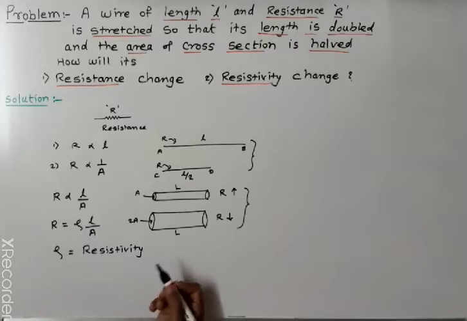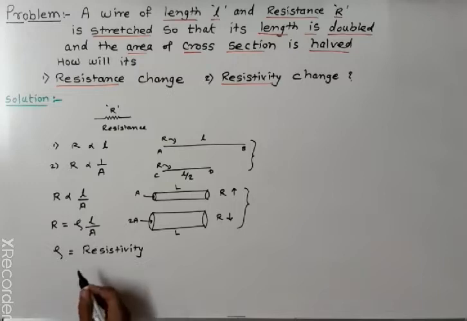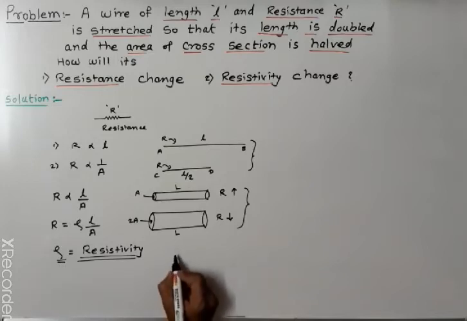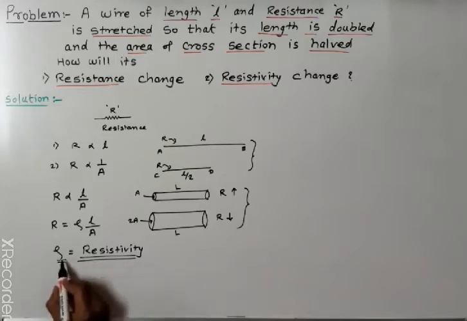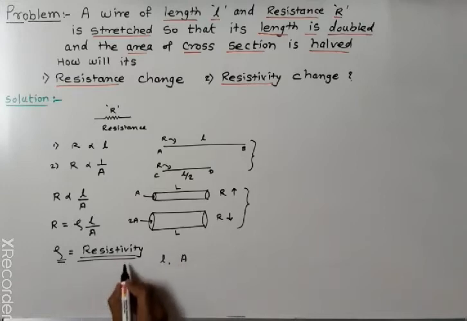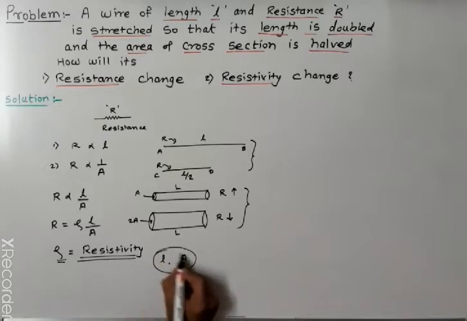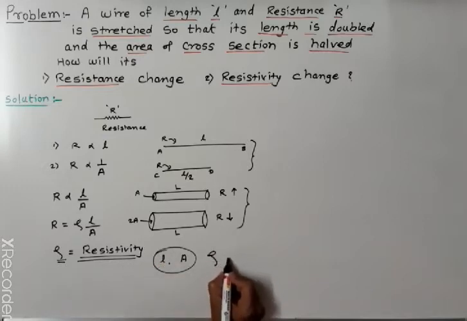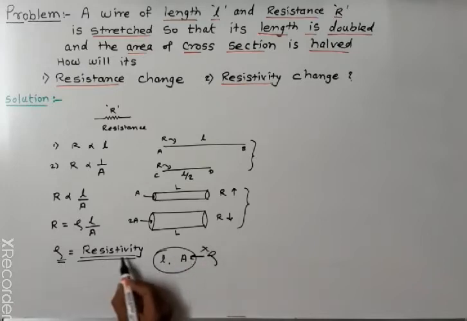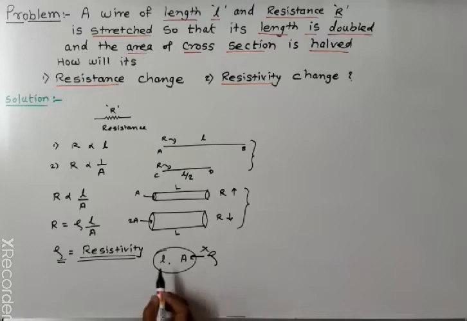That means it depends on which material you are using, copper or aluminium, etc. But resistivity will not depend on the dimensions; that is, resistivity is independent of L and the area of cross section. So this is the property of the material.